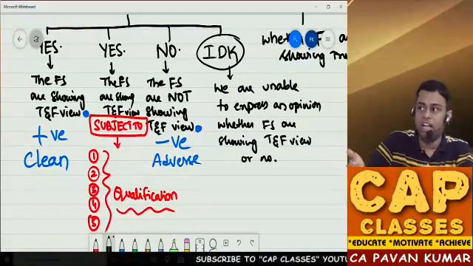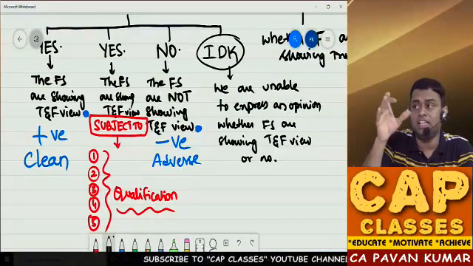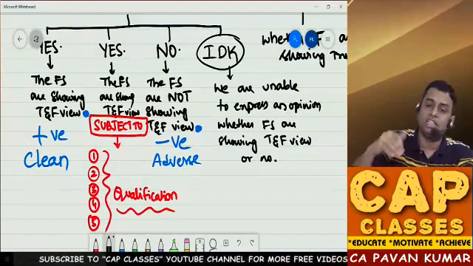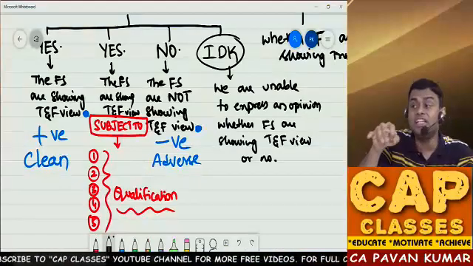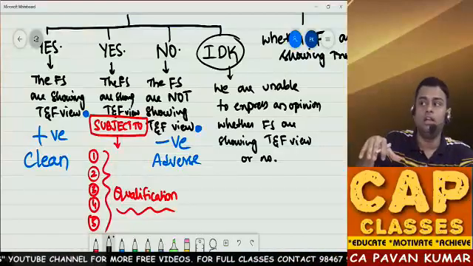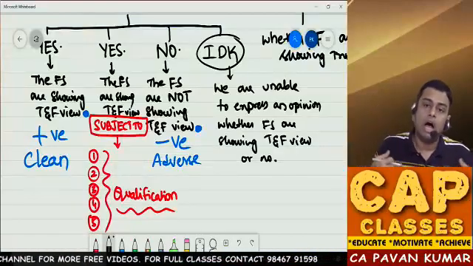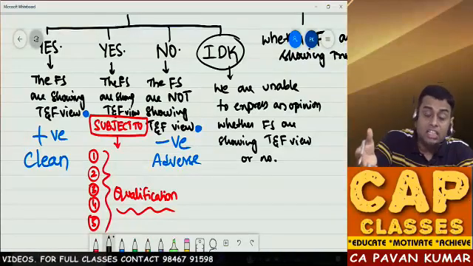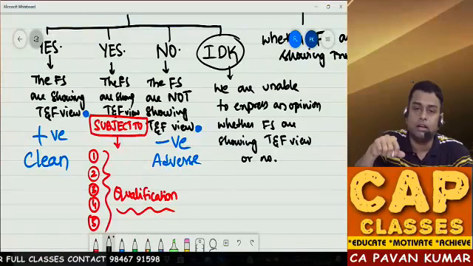If it is computerized, then one copy will be available to you, or at least you have taken the backup, copy is available to you. Physical books, one photocopy is taken, then it is available to you. In a situation where audit evidence is not available, books of account is not available, the auditor will ask you one question: how can I express any opinion? When the audit evidence is not given, how can I express any opinion?